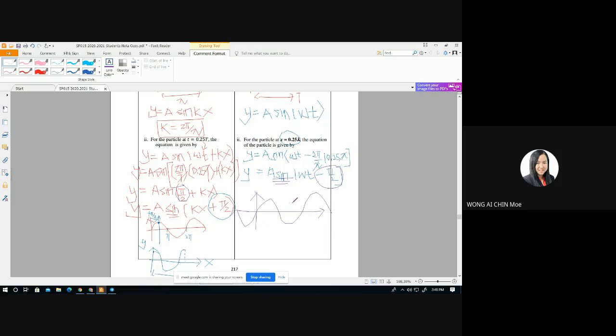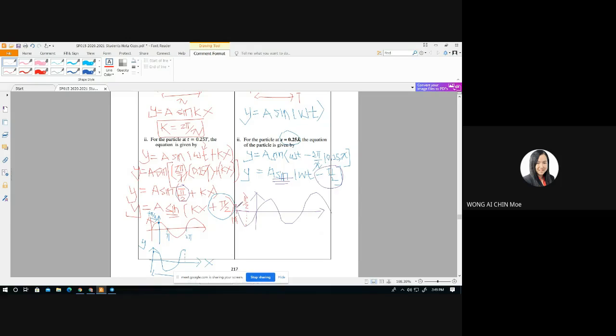So when we say minus pi over 2, we need to move backwards. We need to shift the axis backwards, shift by negative. So this axis needs to shift to the left by pi over 2. This is 1 pi over 2, meaning that it will shift to this side.